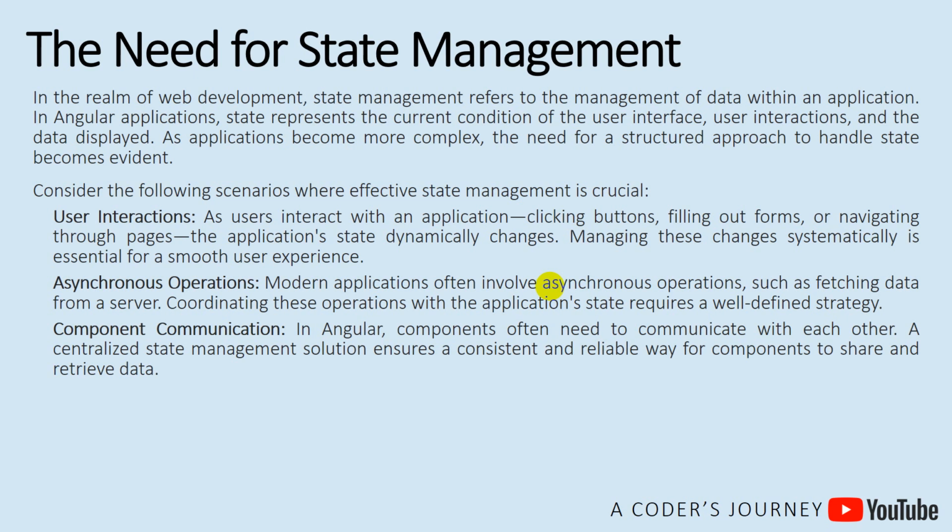We have several components, right? If not hundreds of components in our applications, and these components more often than not need to communicate with one another. In order to have a consistent and reliable way for components to communicate, to share and retrieve data, we need a robust and centralized state management solution.